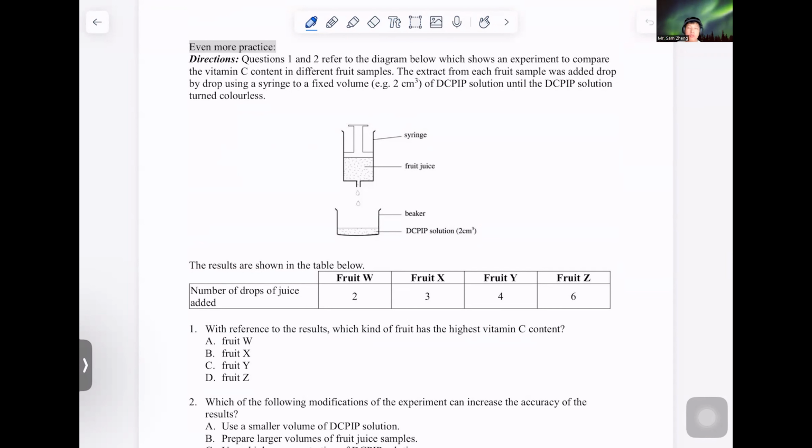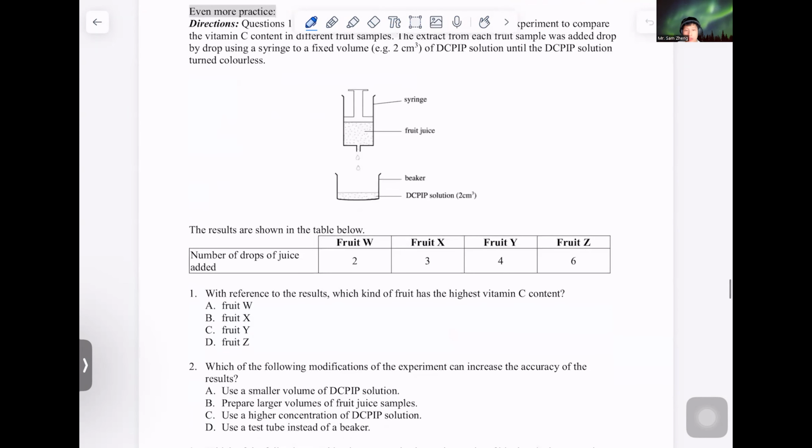Otherwise, we could not observe the decolorization of the DCPIP. So in this case, we noticed that there is a certain number of drops of juice added in order to make the 2 cm cube, the fixed volume of DCPIP solution, turn into a colorless liquid.